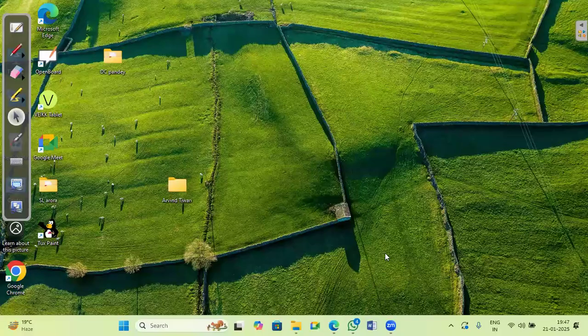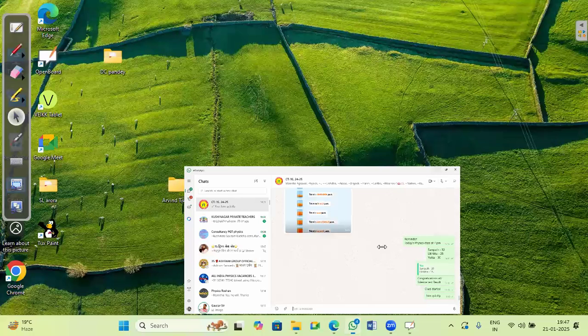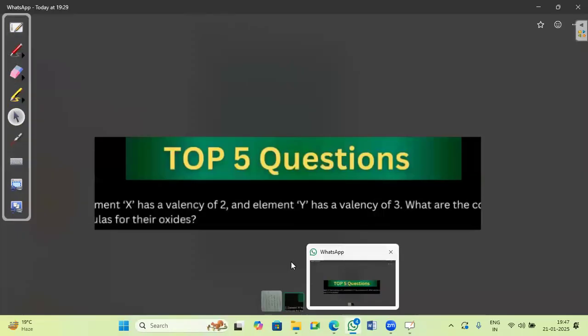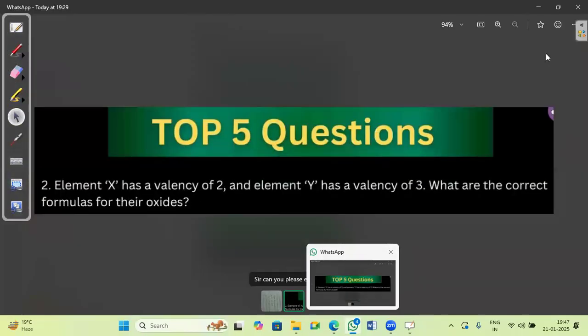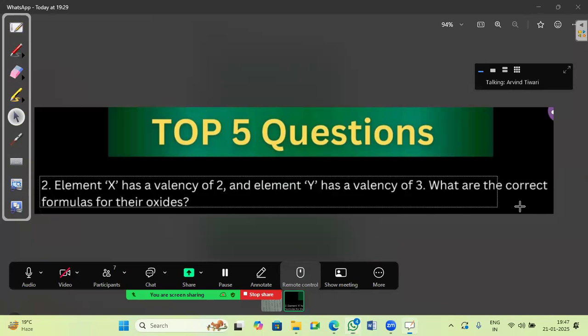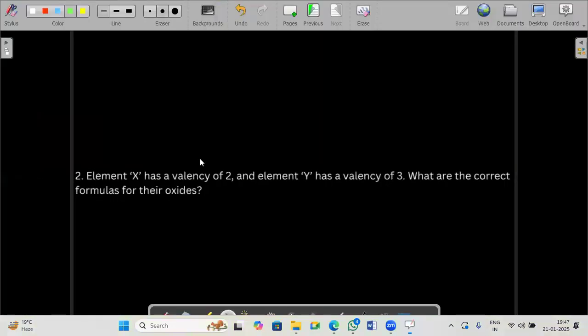Okay, see this one. The question is, element X has a valency of 2 and element Y has a valency of 3. What are the correct formulas for their oxides? When you are not getting it, read the question 2 times, 3 times, you'll get the answer.